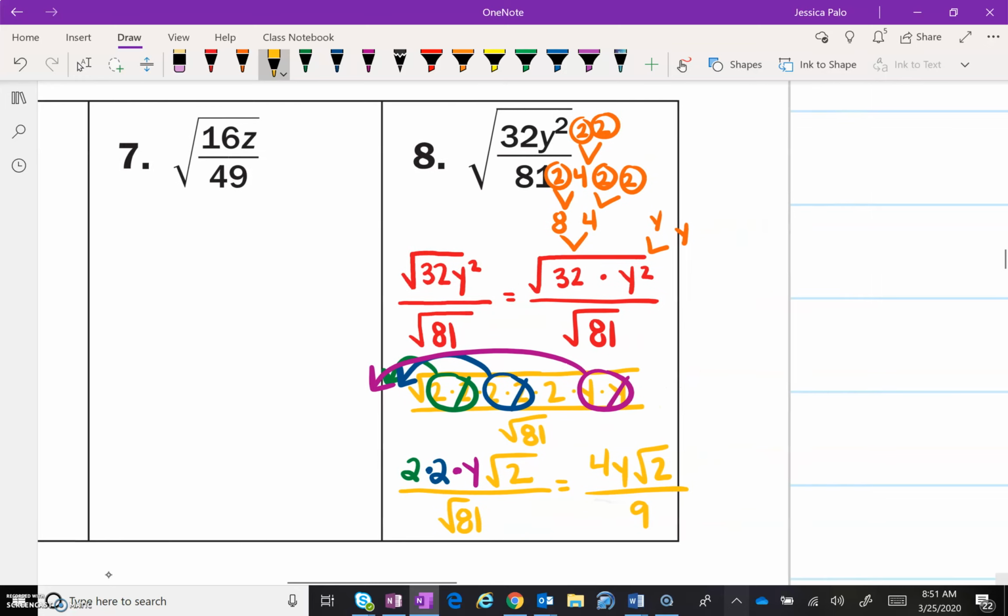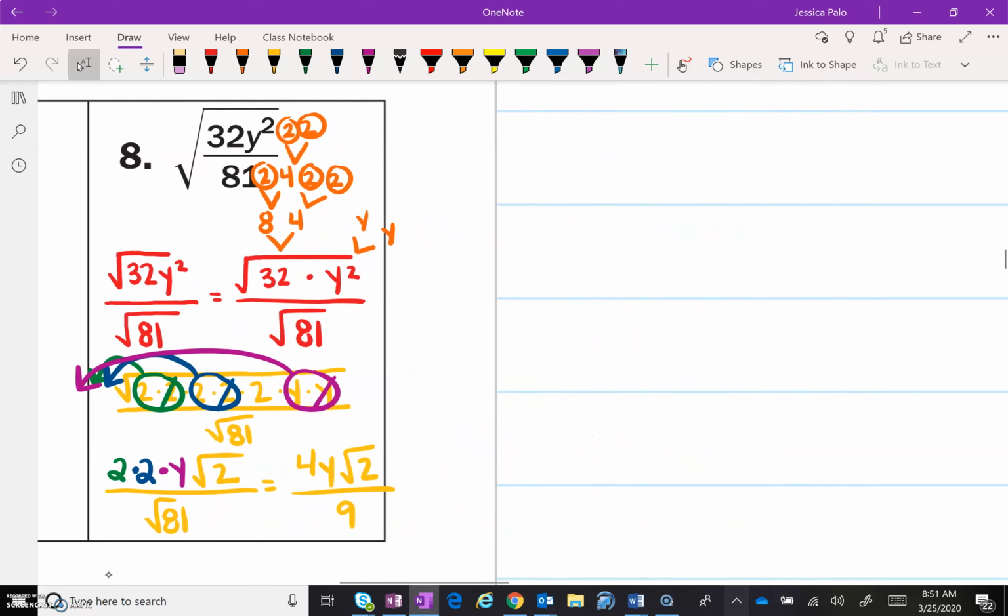Now, a simpler way to do this would be to use the perfect square factoring. Perfect square factoring would get this done a little bit more quickly. Again, you do not have to use it. I just want to show it to you. So if we have radical 32y squared over radical 81, right away you know the square root of 81 is 9.